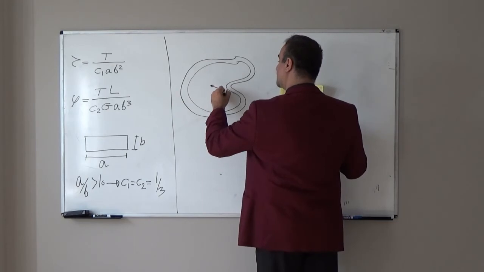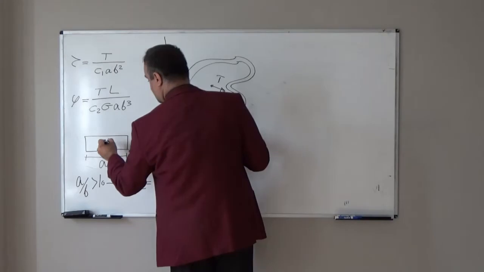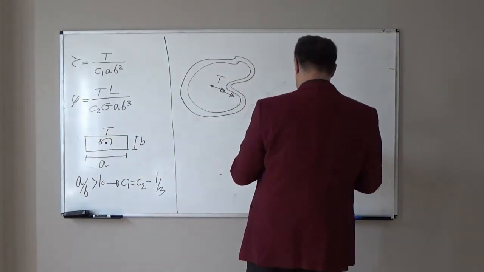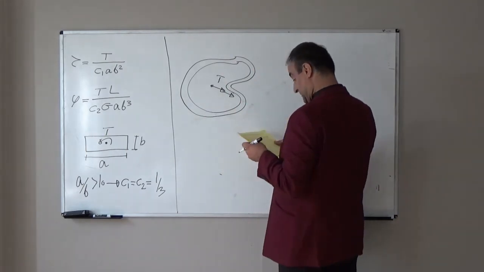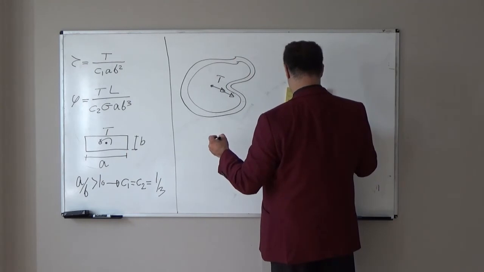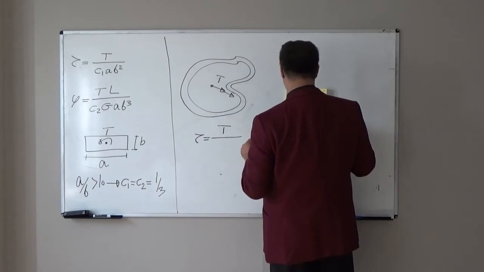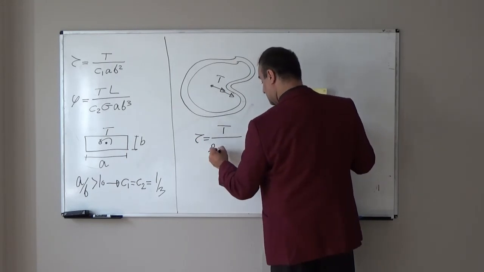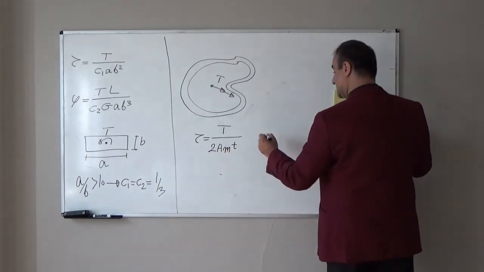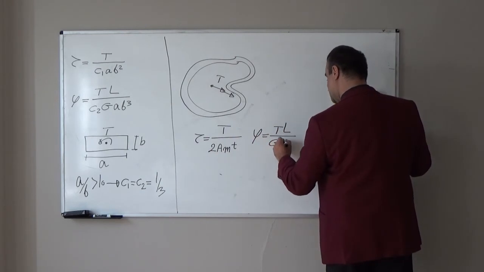If we apply torque T, in that case the shear stress tau will be equal to torque T divided by 2 AM times thickness t, and phi will be equal to TL over GJ.